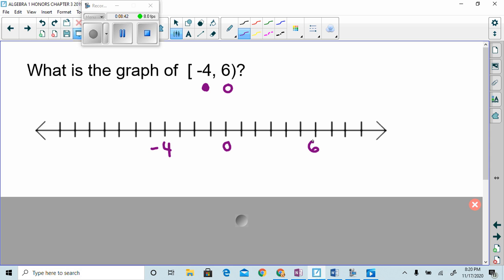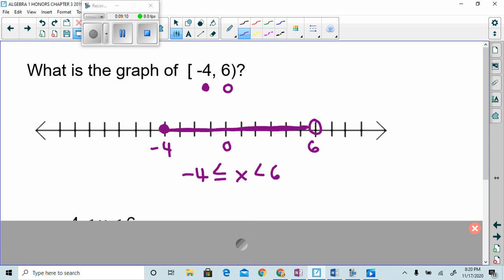Now, we're seeing that this is a closed circle, open circle, and this is an and inequality. And here's the shading. We may be asked to write the inequality that represents this graph, and we have x is less than 6, and x is greater than or equal to -4.